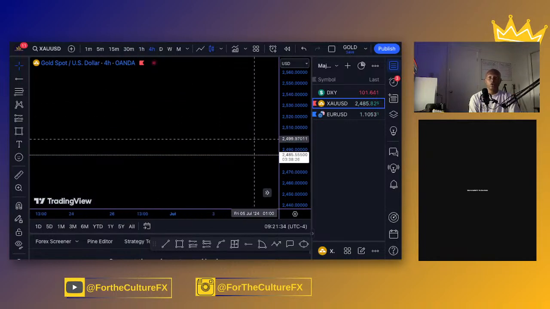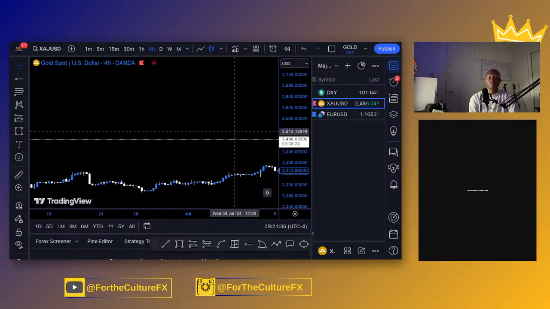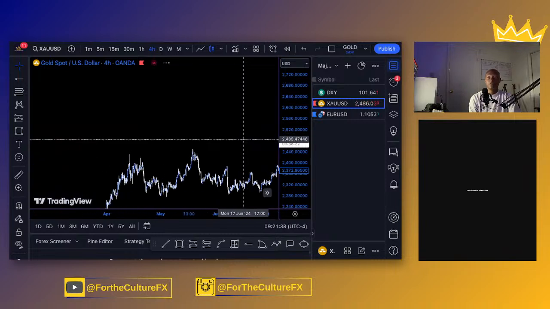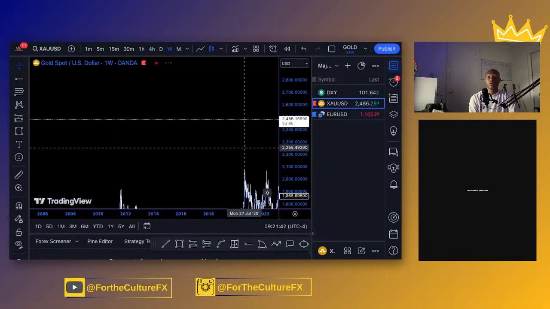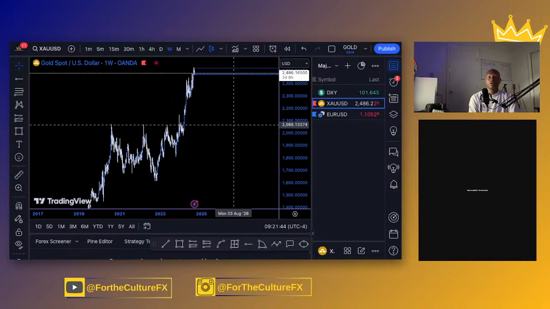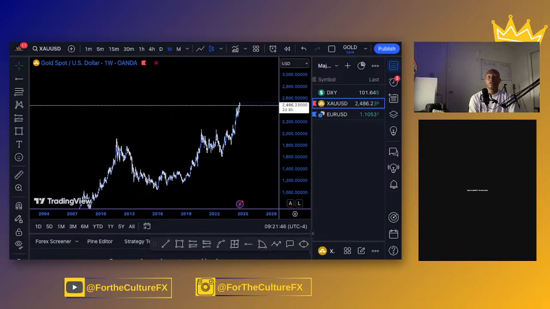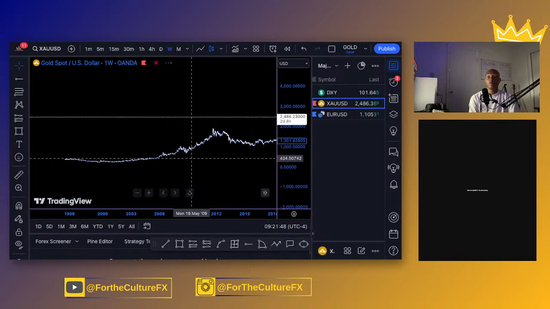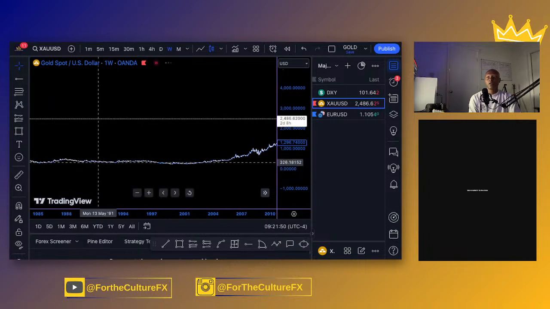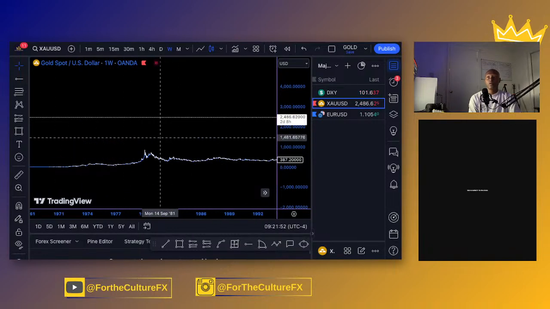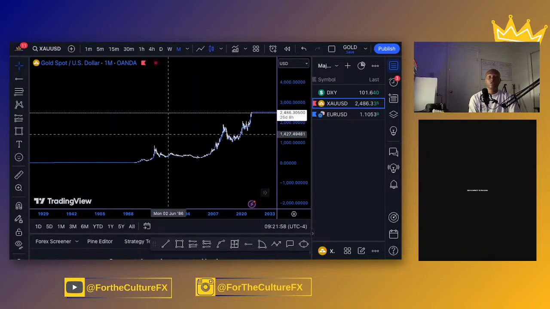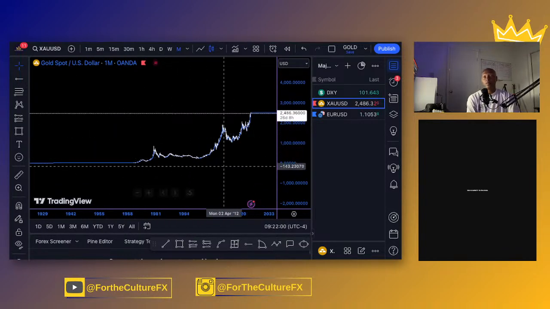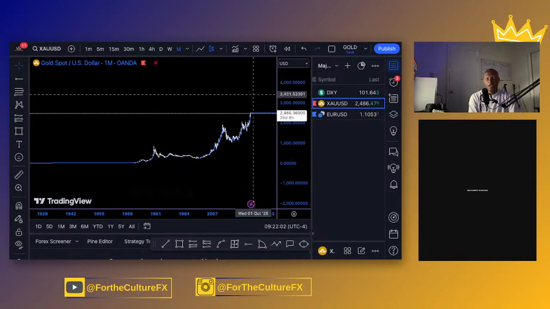If you look at gold, if we zoom out here, let's go to the weekly. Gold is in no man's land in terms of volume. Gold has never been this high. This is the start of gold, and gold throughout time and throughout history, let's look at it on the monthly, just increases because the price of inflation increases.